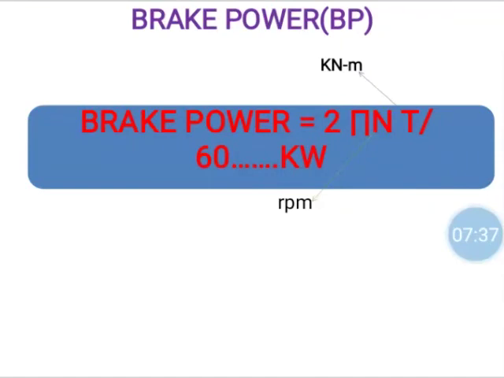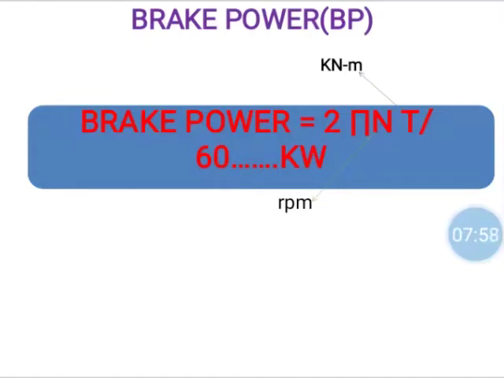So next slide, the brake power formula: BP is equal to 2 pi NT divided by 60. In the slide you can see that the 60 is shifted to the next line. So it is actually 2 pi NT divided by 60 kilowatt.